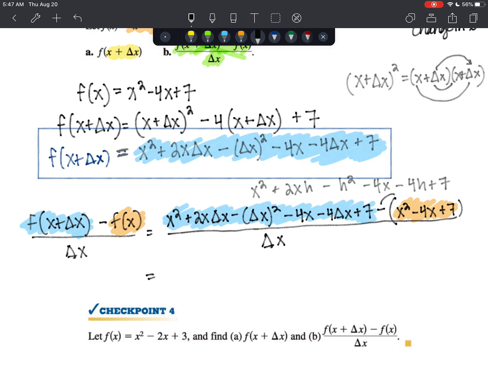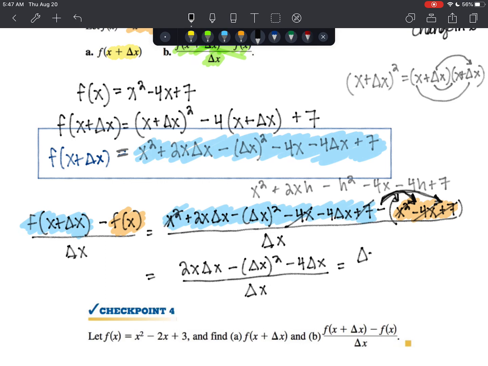Now I'm going to have x squared. I'm going to just distribute that negative. X squared minus x squared cancels out. I've got negative 4x, and when I distribute that, I've got positive 4x. I've got positive 7 minus 7. So all that's left is 2x delta x minus delta x squared minus 4 delta x all over delta x.